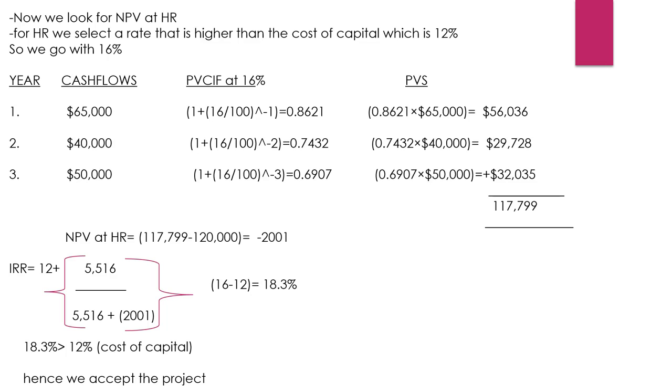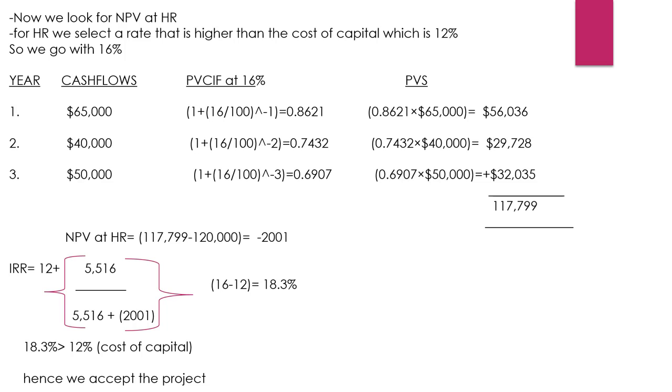So after calculating all this, we get the answer, which is 18.3%. So that means 18.3% is greater than 12%, which was the cost of capital.